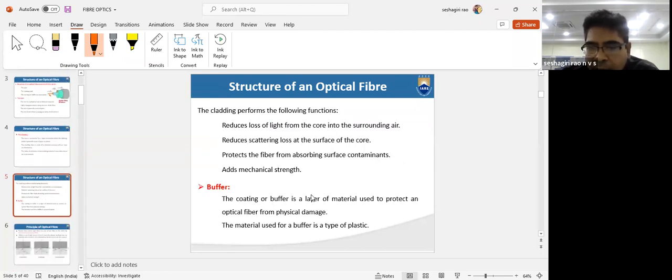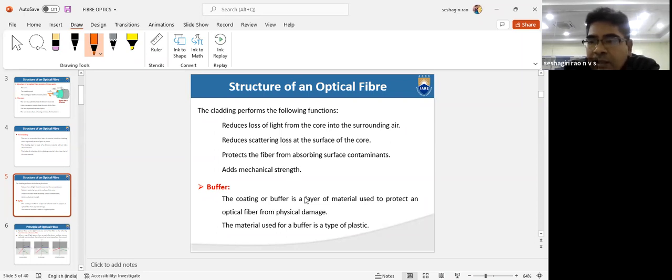Okay, so remember this. The cladding performs the following functions. It reduces loss of light from the core into the surrounding air, reduces scattering loss at the surface of the core, protects the fiber from absorbing surface contaminants, and also adds mechanical strength to the fiber.